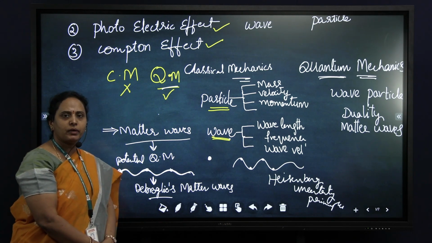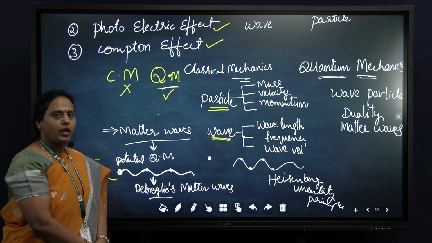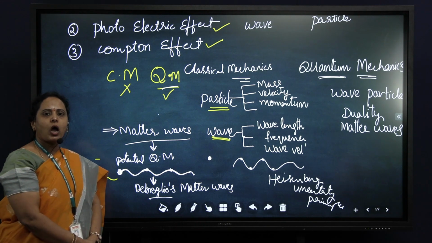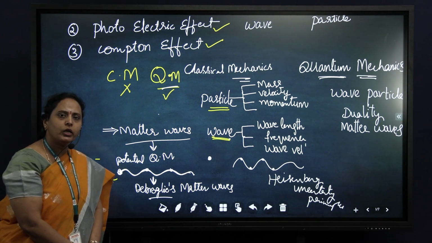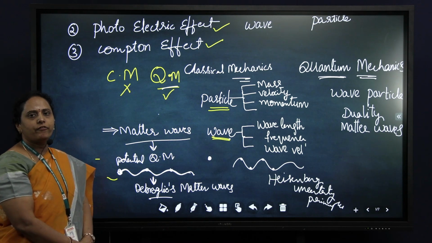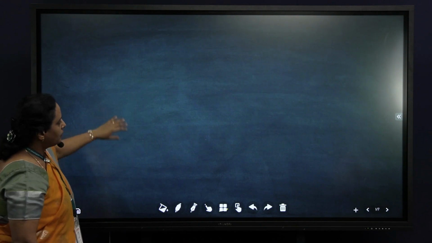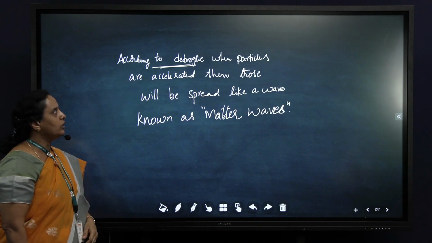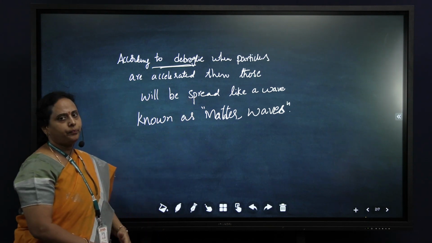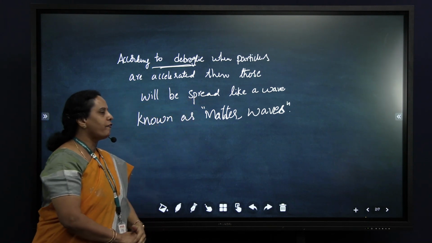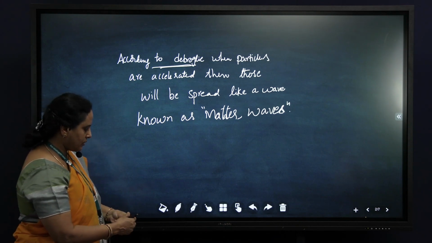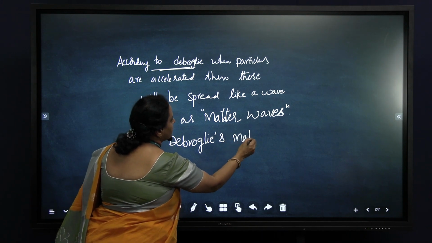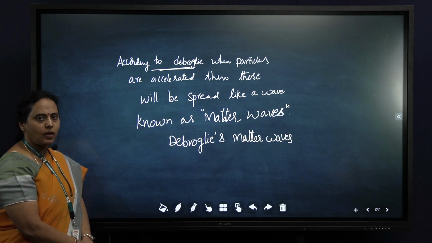What is the mathematical derivation, and how could he show that whenever particles are accelerated with a high potential they move like a wave? He could not give experimental proof for these matter waves. According to de Broglie, when particles are accelerated, they spread like a wave known as matter waves, also called de Broglie's matter waves.